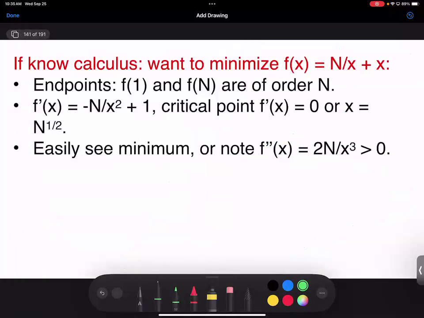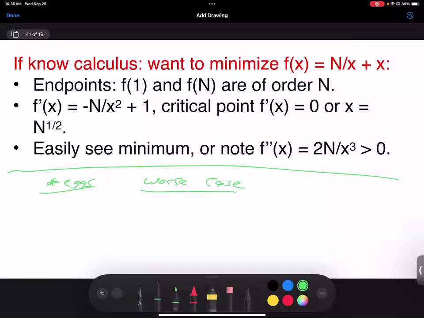Okay, so again, if we know calculus, we can do stuff like this. I'm going to just do a little table. Number of eggs, worst case. When there's 1 egg, it's n. When there's 2 eggs, it's 2n to the 1/2. Anybody want to guess 3 eggs?